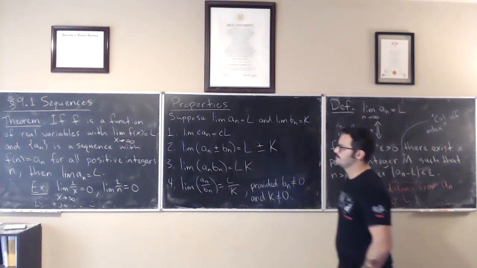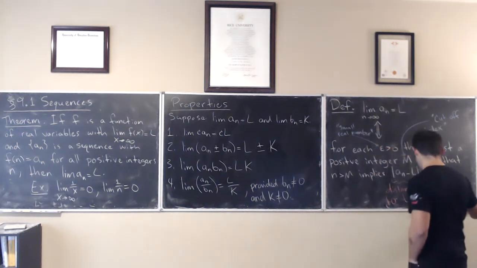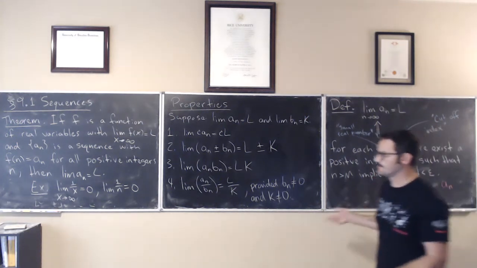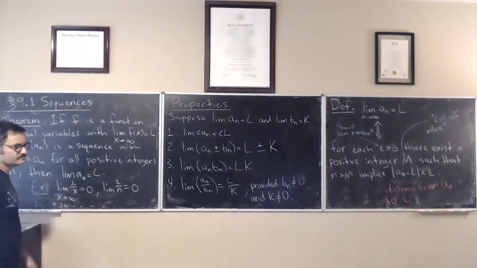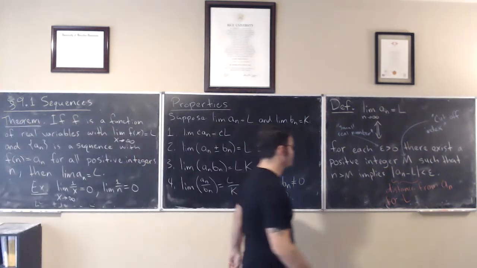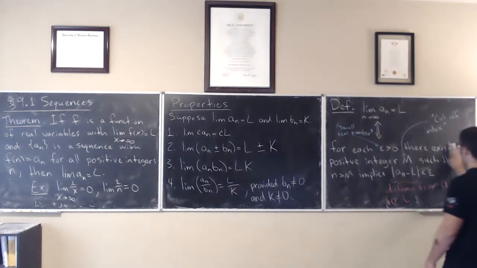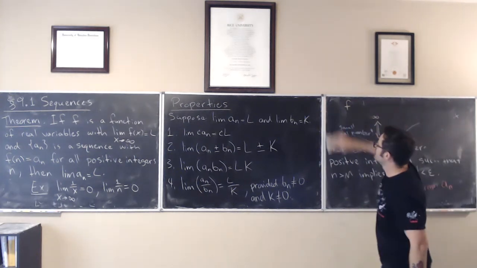So all the standard limit properties that you have in functions hold for sequences, because sequences are functions. Okay? This is a very specific type of function, a function with a specific domain.